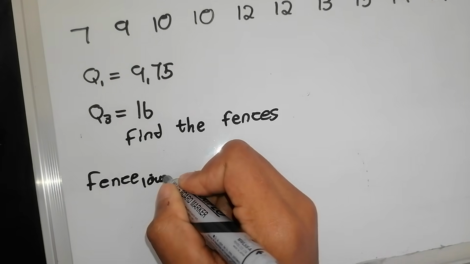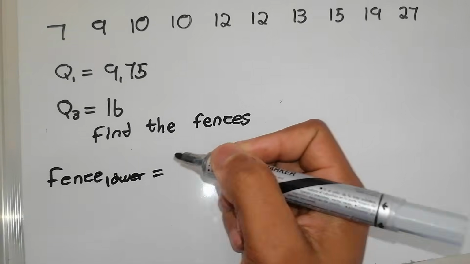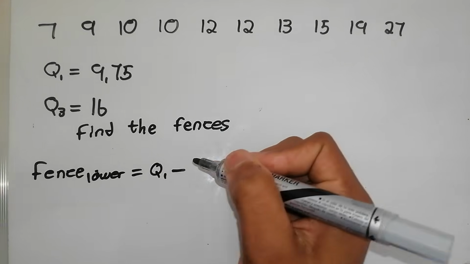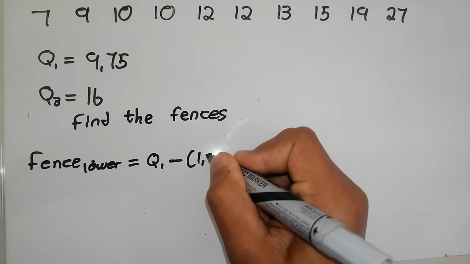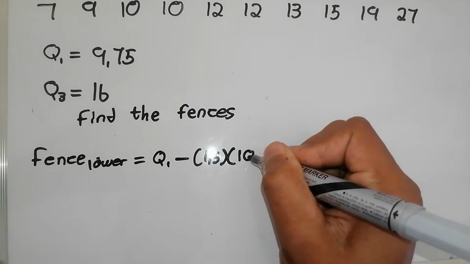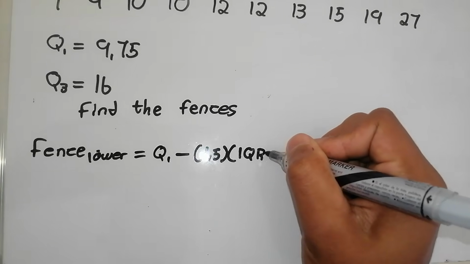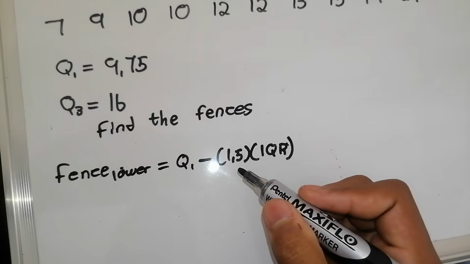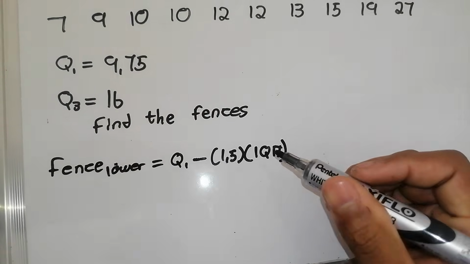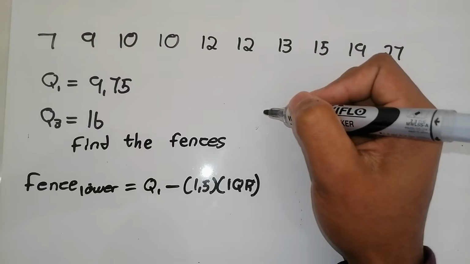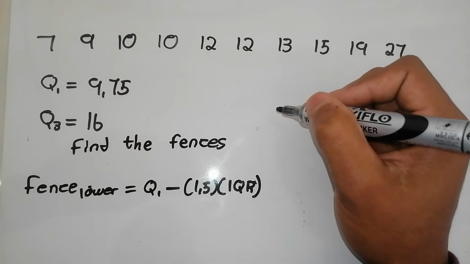Fence lower equals Q1 minus 1,5 multiplied by the IQR. So here we are missing what? The value of your IQR. So here I think it's best to first just find the IQR before writing this formula.